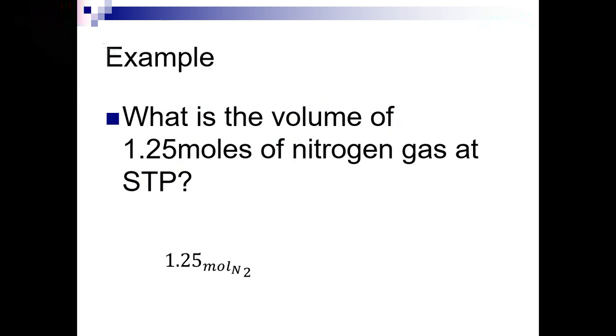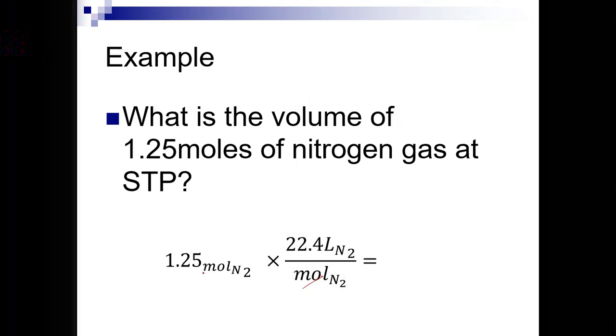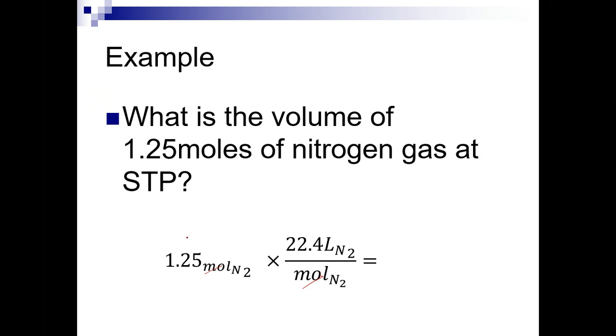And 22.4 liters per mole, if we put the mole on the bottom, we get that the moles will cancel. And when we cancel them, we get 1.25 times 22.4. This has 3 sig figs. This has 3 sig figs. So my answer should have 3 sig figs, and it turns out to be 28.0 liters of nitrogen.